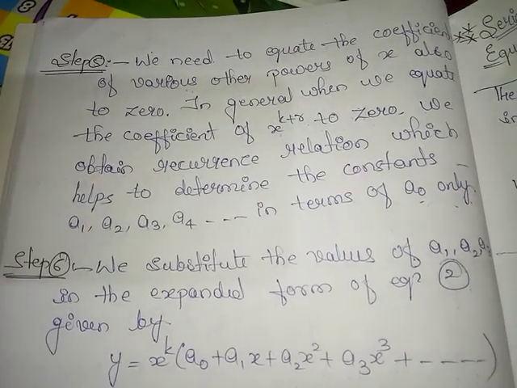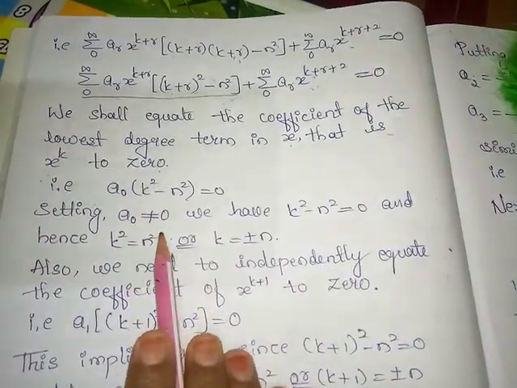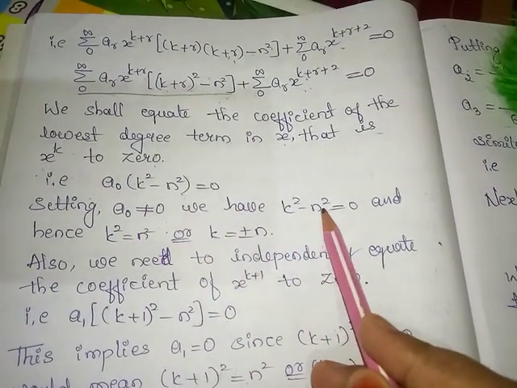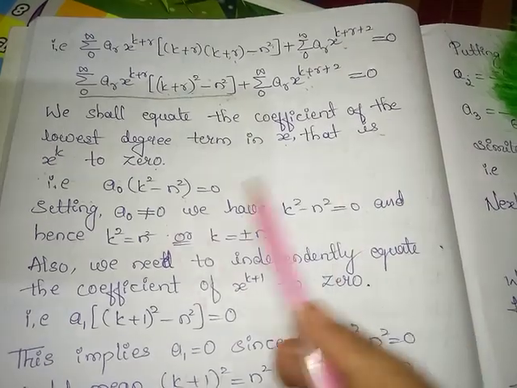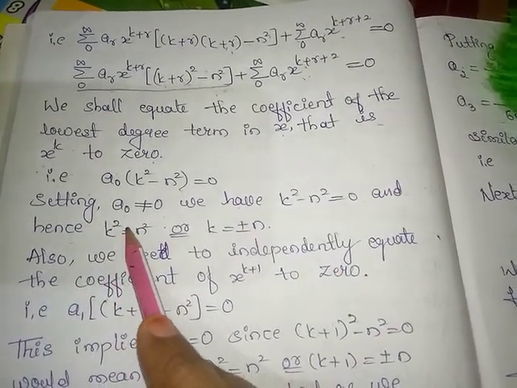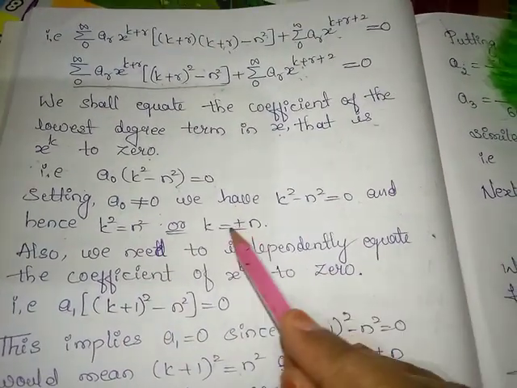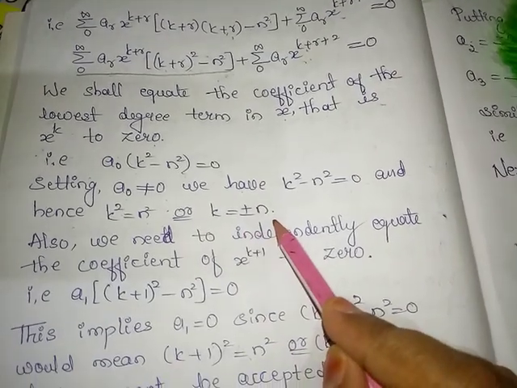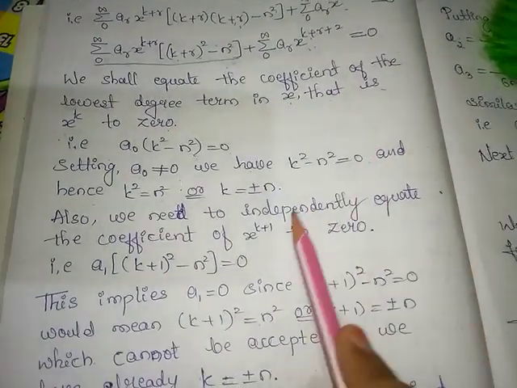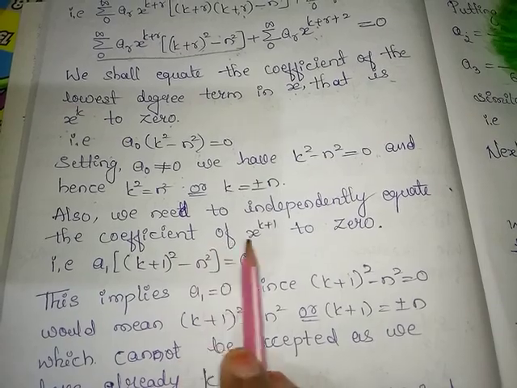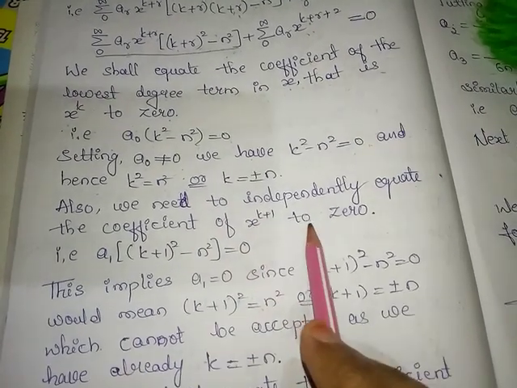Therefore, we set a naught not equal to 0, so that k square minus n square is equal to 0, and hence k square is equal to n square, and k is equal to plus or minus n.